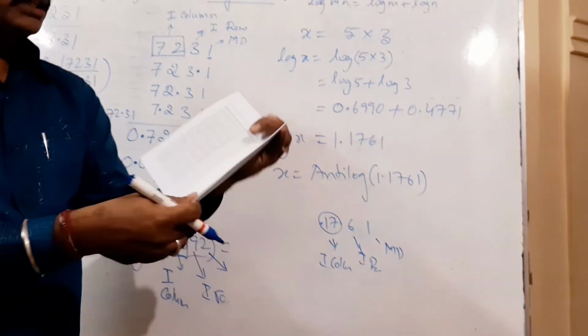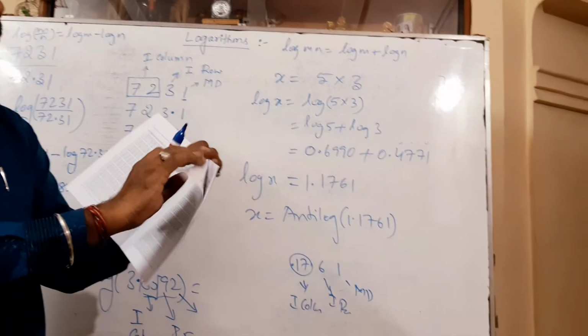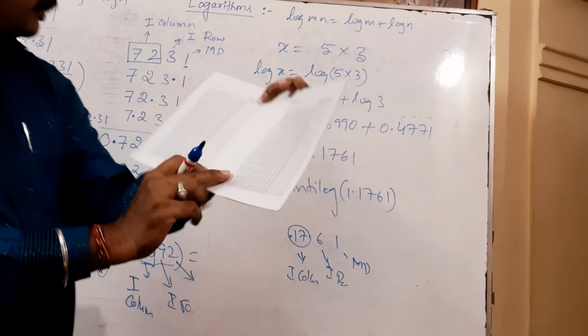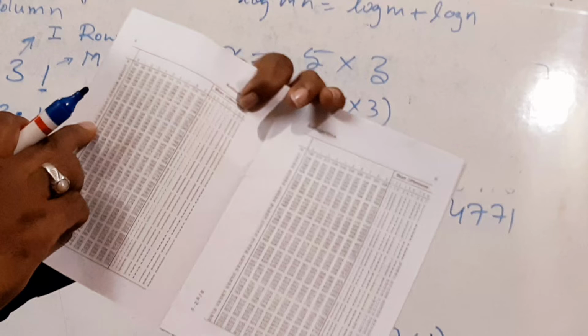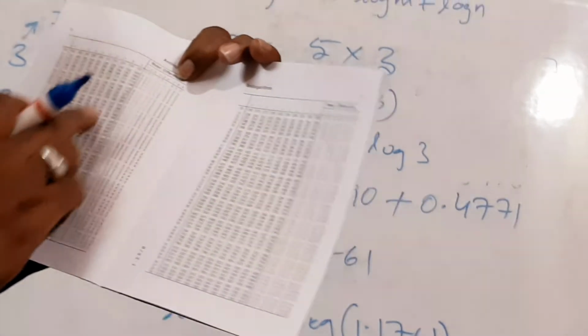You can search there in the anti-logarithmic table. This is the anti-logarithmic table. So 0.17 for the sixth column.